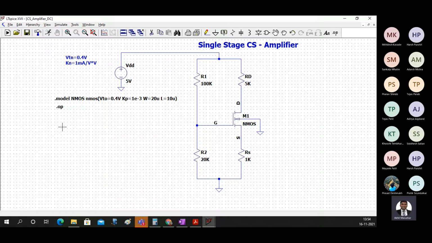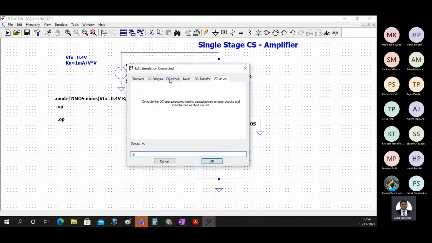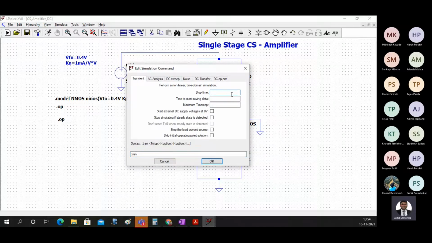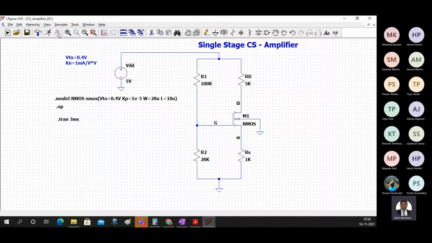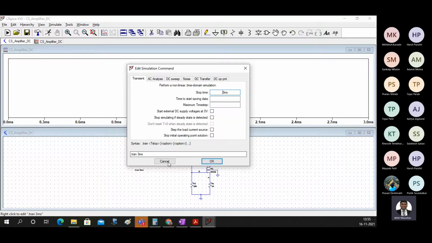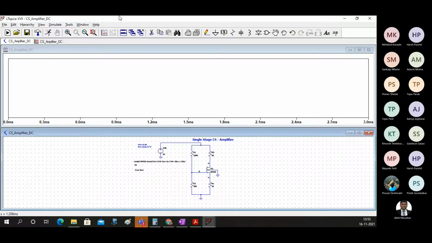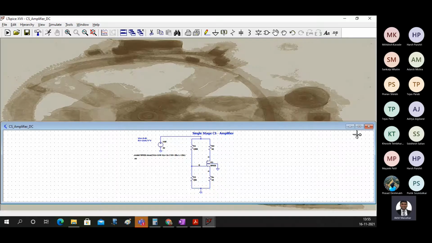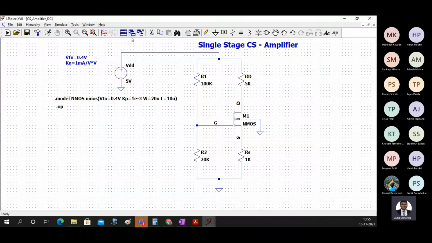And what we can do is copy this, and inside this, you can write dot tran, and let's try.